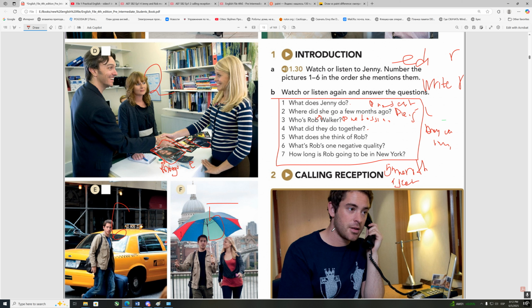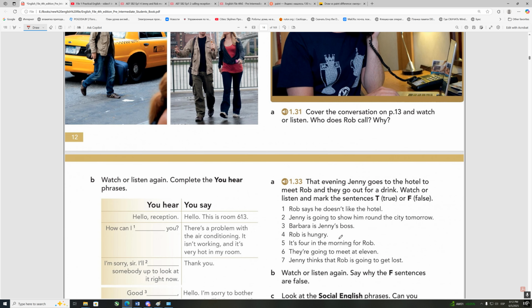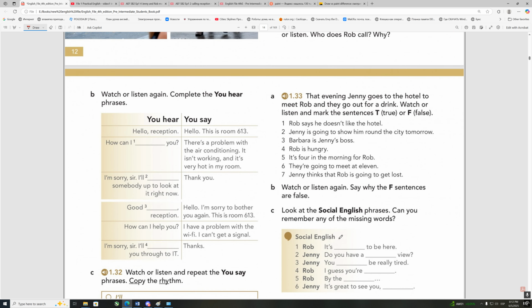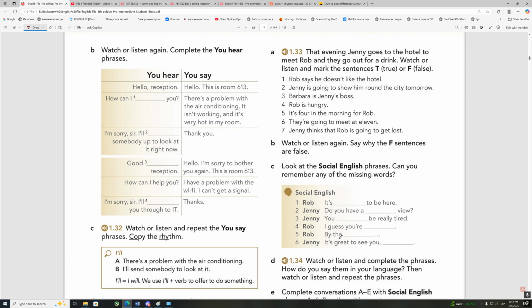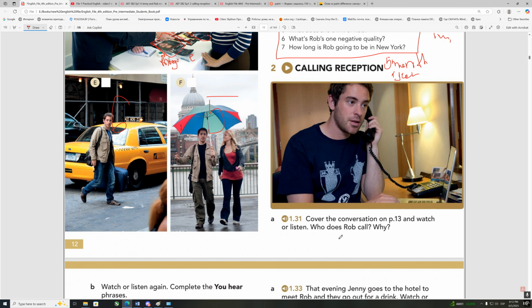What's Rob's one negative quality? So does he do everything on time? She used a word that begins with P.